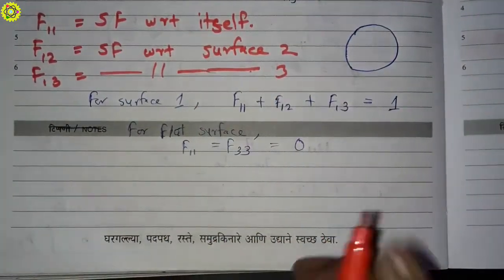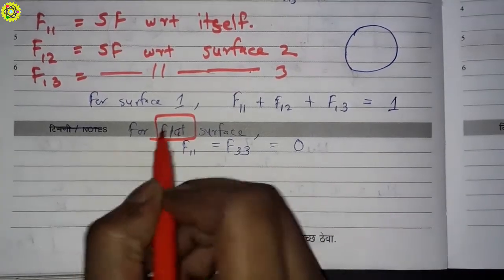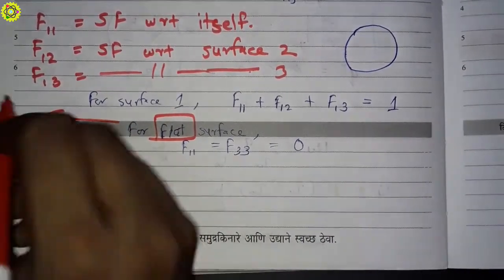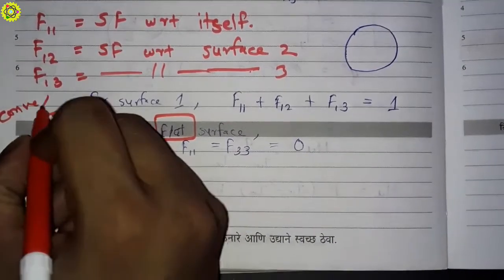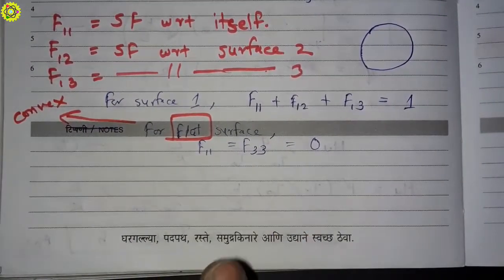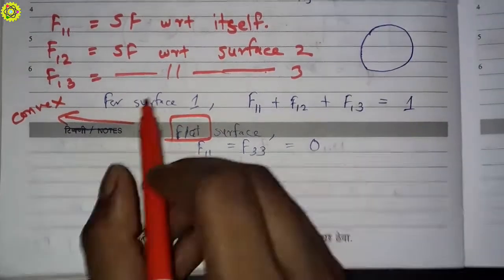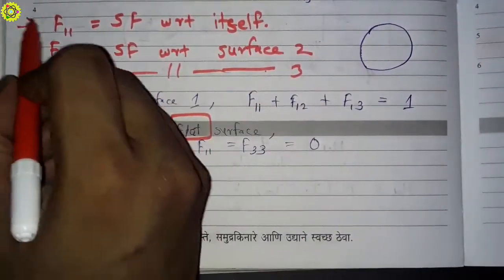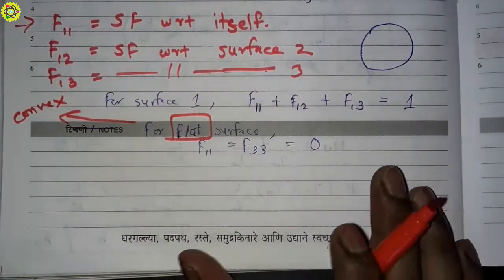Remember one thing, for a flat surface as well as for a convex surface, the shape factor with respect to itself is always 0.